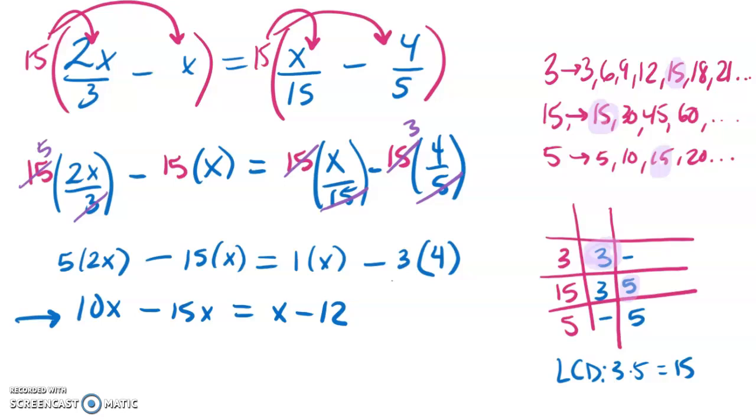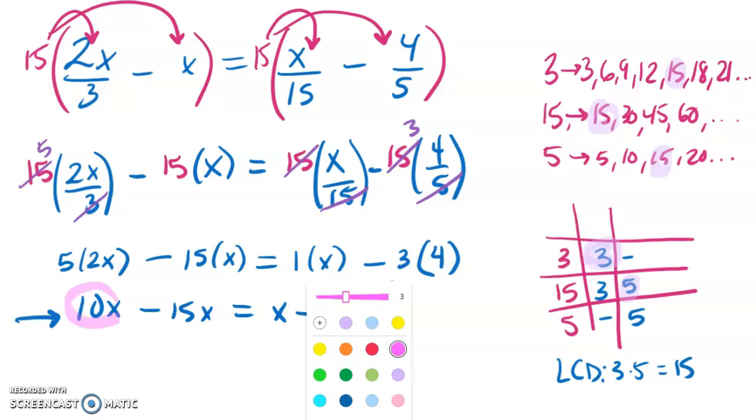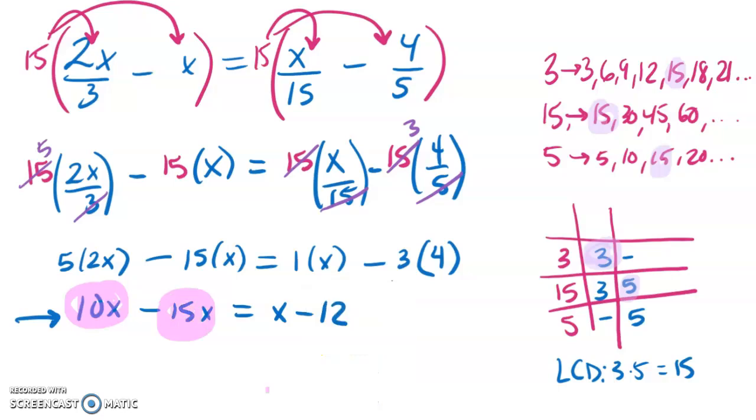So combine, collect the like terms. Do I have any like terms? I sure do. I have 10x minus 15x on the same side of the equal sign. So I just take 10 minus 15 to get negative 5. Rewrite the variable with the exponent.